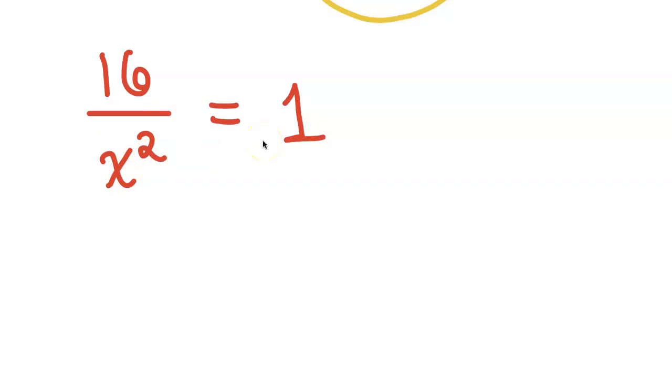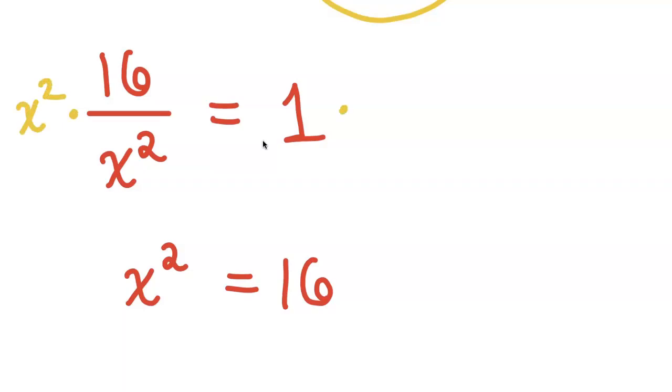So what I know from this equation is that x squared better be equal to what number? 16. And I can get the same answer by multiplying both sides by x squared. If you do that, then you get 16 equals 1 times x squared, which is just x squared. All right, so let's solve this.